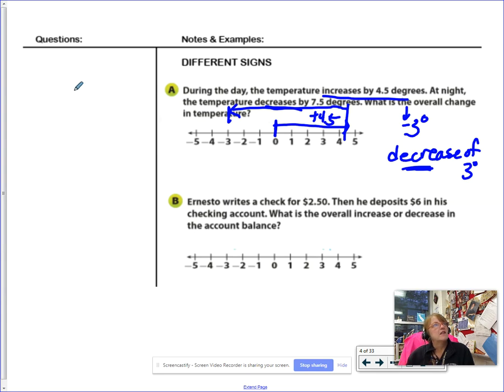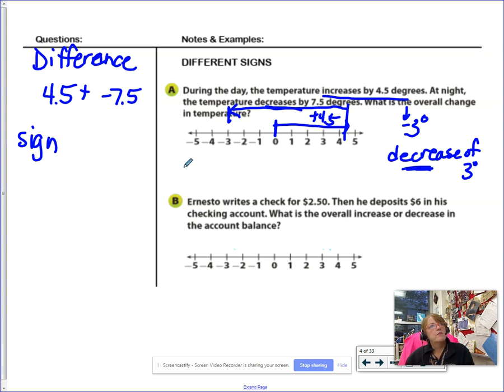Now, mathematically, this is like saying, what's 4.5 plus -7.5? If you have different signs, I need you to think different signs means difference. If I could spell, that'd be great. Okay, so decide on the sign.